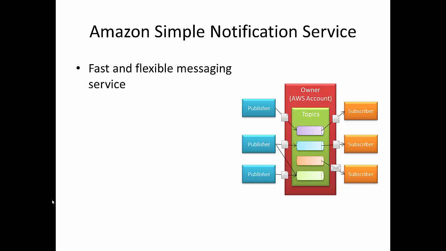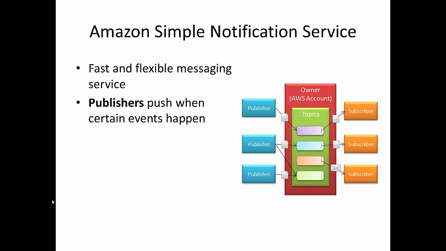This is a useful service to let you know when actions are being performed in AWS, such as scale-ins and scale-outs. Simple Notification Service is a fast and flexible messaging service. Publishers can push messages whenever certain events happen.